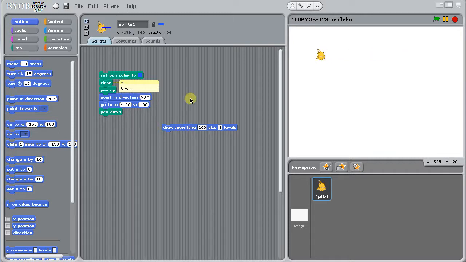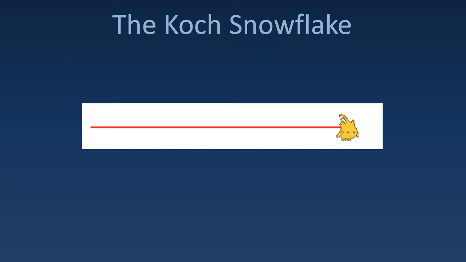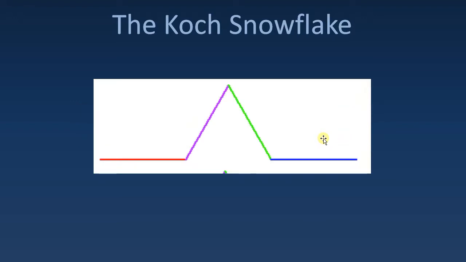Now we've got to worry about how to make the more complex shape. The trick is to understand how we divide each side of that triangle up into a smaller triangle. If I'm pretending this is one side of a triangle and I want to subdivide it, basically it means I need to draw a triangle coming out of the middle. I need to do something like this, which I color-coded to point out that it's really just four straight lines.